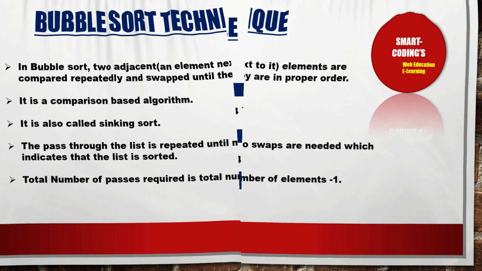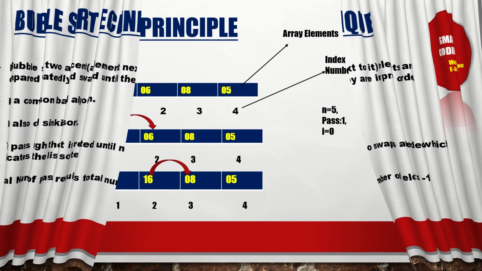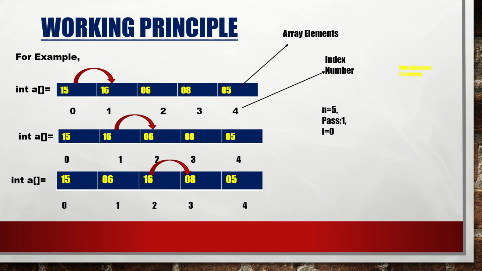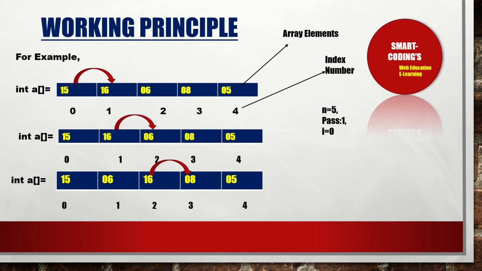So quickly let's start with the working principle of bubble sort. Here, as you can see, students, there are 5 elements, n equal to 5. This is the start of pass 1. We compare the first two adjacent elements. No swapping is required, so we keep the array as it is. Then we check the next two, swapping is required, so we swap: 6 here, 16 there.